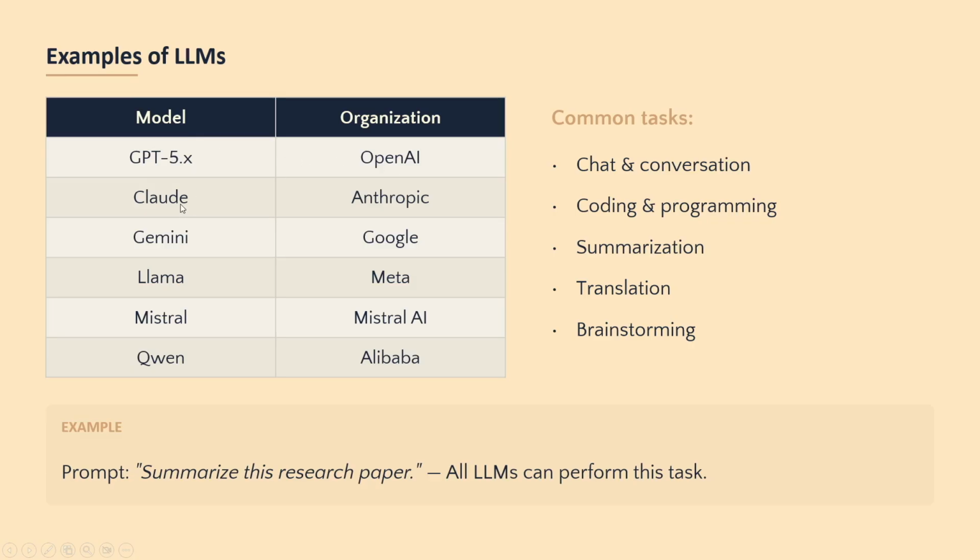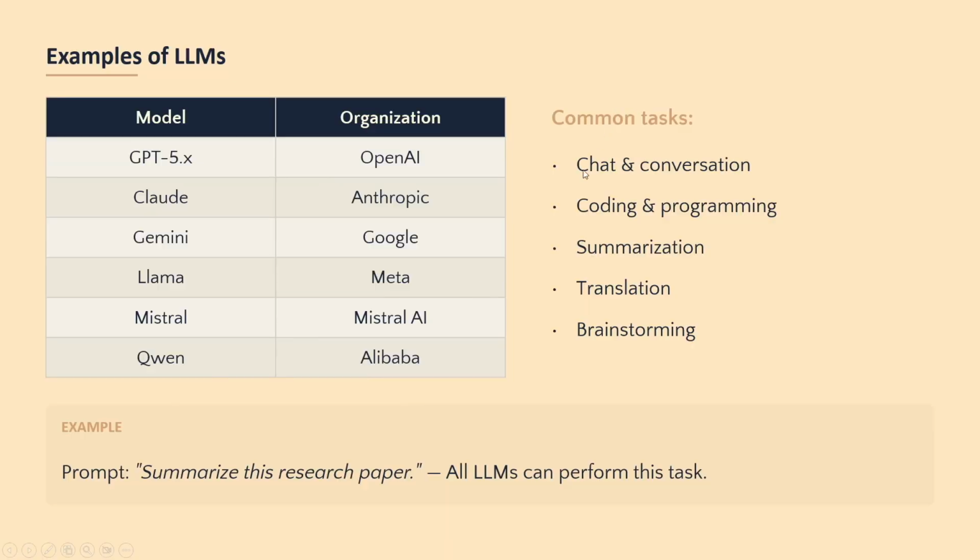The other one is Claude, owned by Anthropic, Gemini, owned by Google, Llama, owned by Meta, Mistral by the Mistral AI organization, and Qwen by Alibaba. These are some of the organizations which hold the models. Again, there are also some by NVIDIA and others which I have not mentioned here. We can take a look at it.